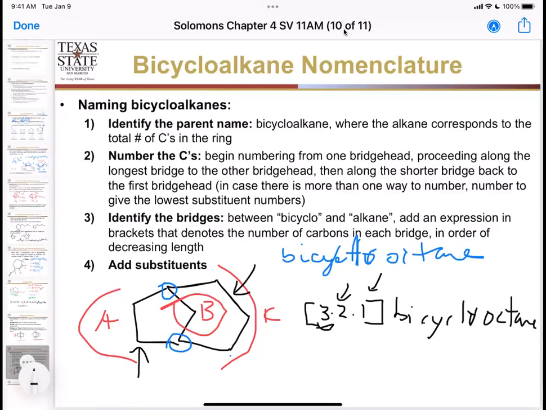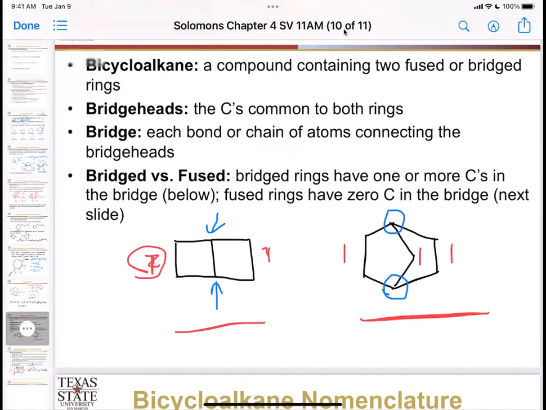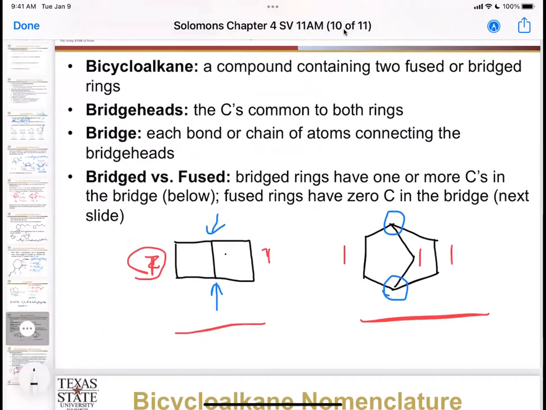So wait, hold it. We have the difference between bridged and fused, right? The fused didn't have that 3rd bridge. So in the case of fused compounds, this is a 0 right here. So we'll have 2 carbons in this bridge, a bridgehead, 2 carbons in this bridge, and 0 carbons in that bridge.